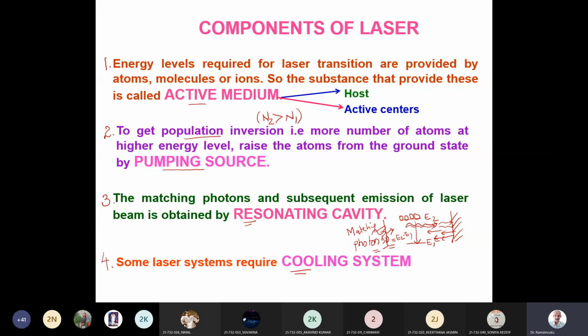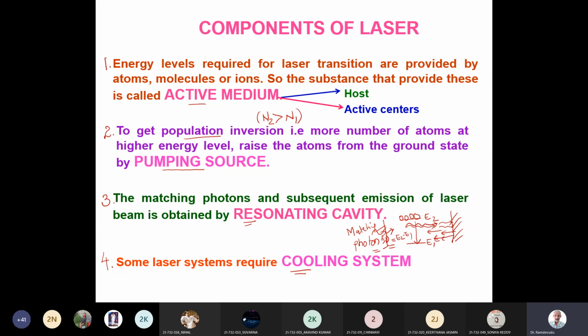That is what we call a resonating cavity. So the resonating cavity is the distance or the space between two mirrors or two polished ends, which gives amplification of the emitted photons.